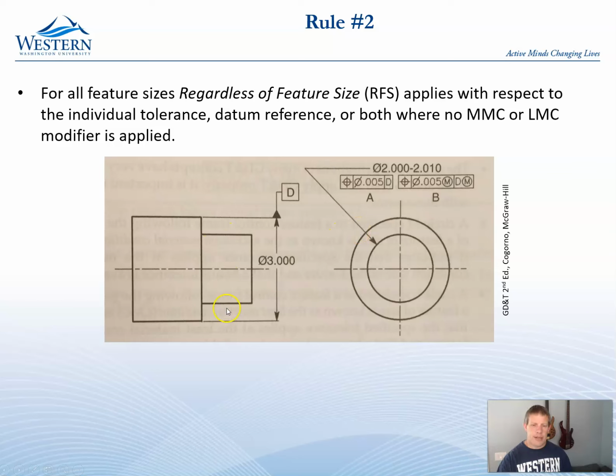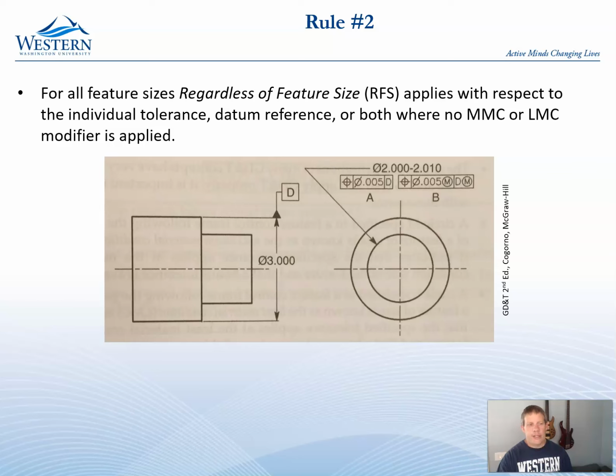If the small diameter of this part is undersized, then it does not have to be positioned as precisely, and it will still fit in the hole as referenced to datum D. And so that's really helpful a lot of the times.